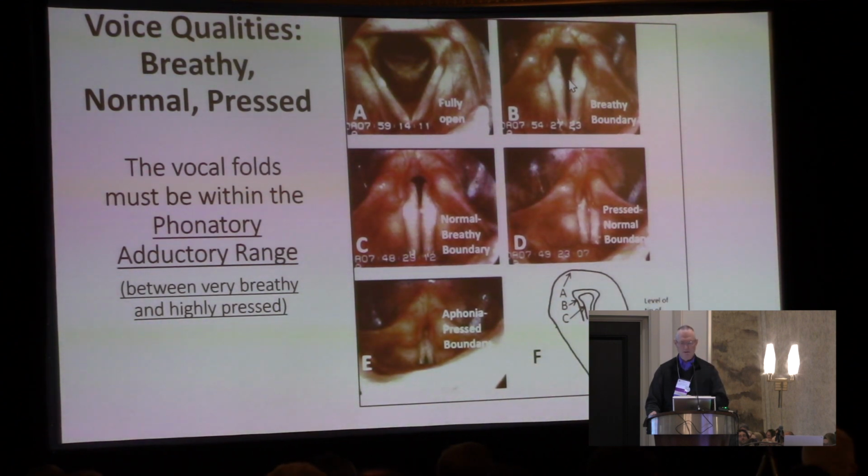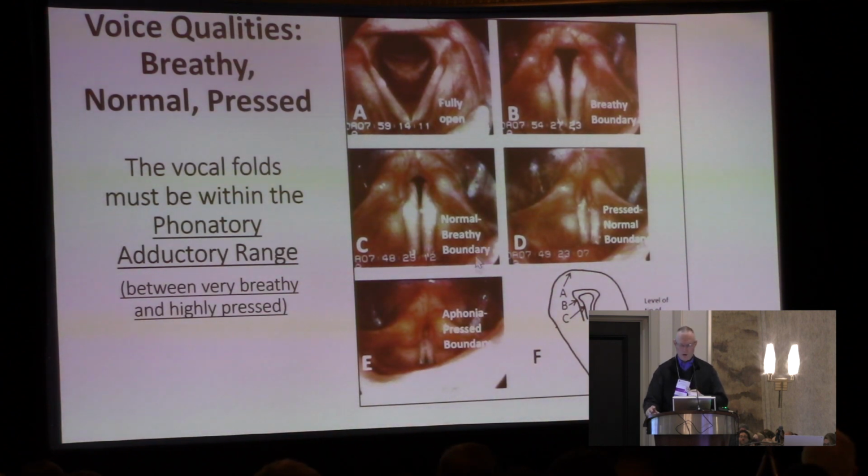Now the vocal processes gap here, in this example, is 14% of the maximum distance here. And people who are really interested in the health, function, repair of joints need to really understand these kinds of dimensions. Then there is a normal breathy kind of boundary and a pressed normal boundary.